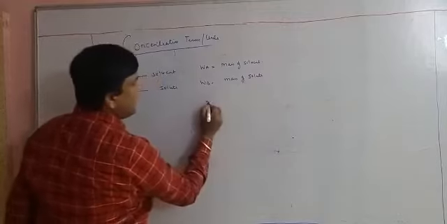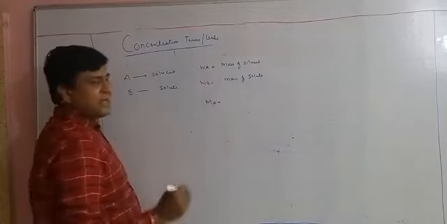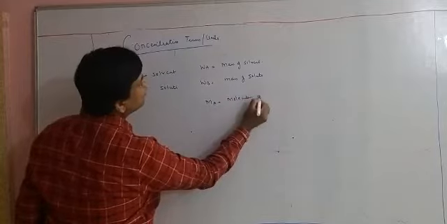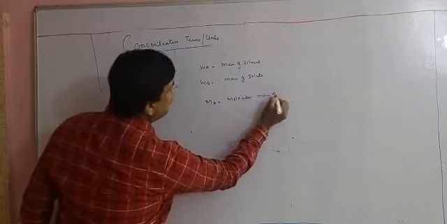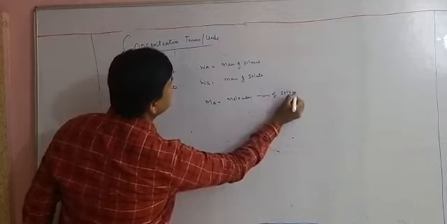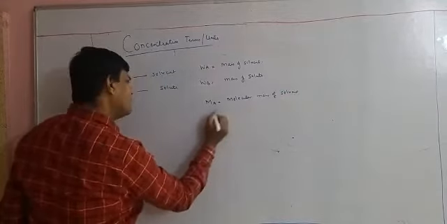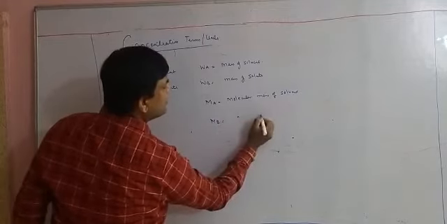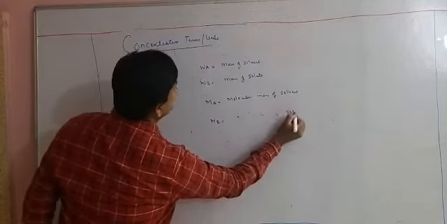Similarly, MA will be written as molecular mass, or we can say molecular weight, of solvent, and MB will be written as molecular mass of solute.